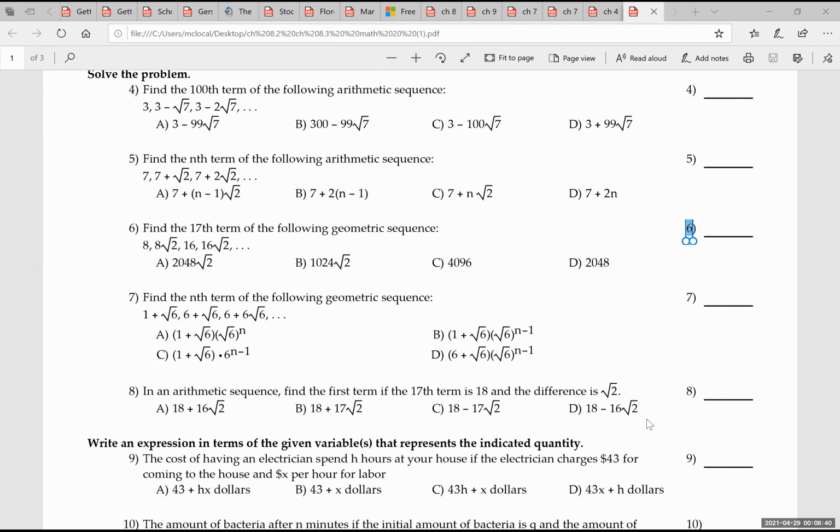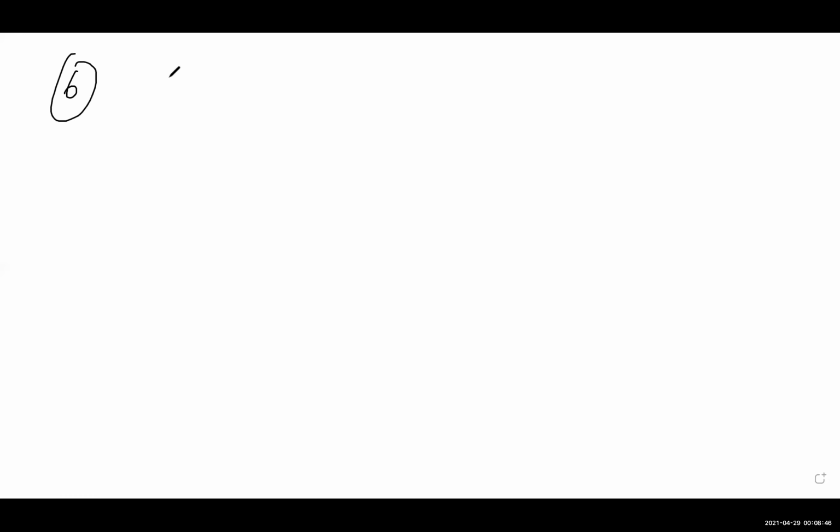Okay, so we're looking at problem number 6. If it's a geometric sequence, then it's A, the first term, R is the ratio, n minus 1. A is the first term, R is the ratio. I'll show you what we mean by ratio, and then n minus 1.